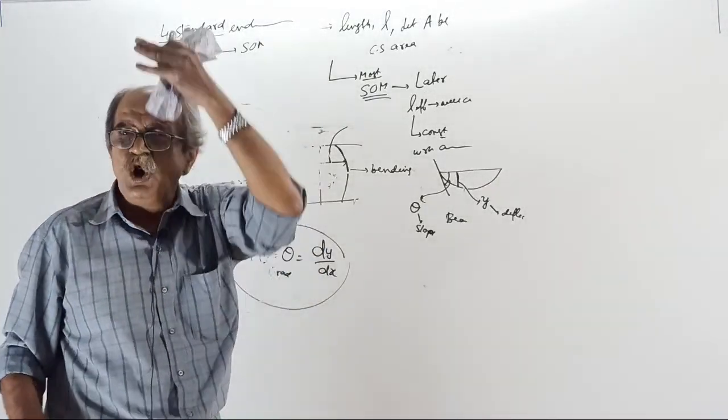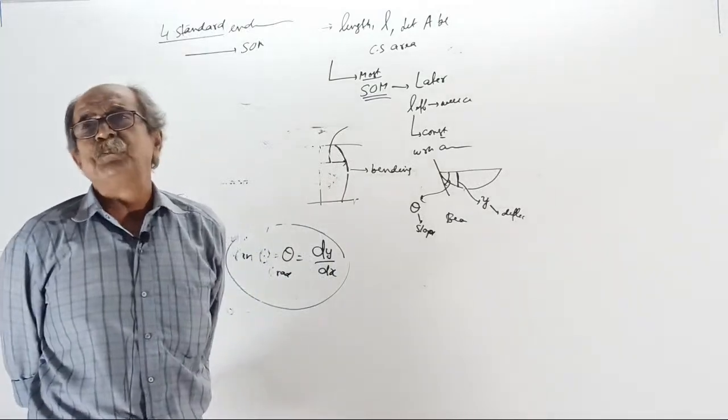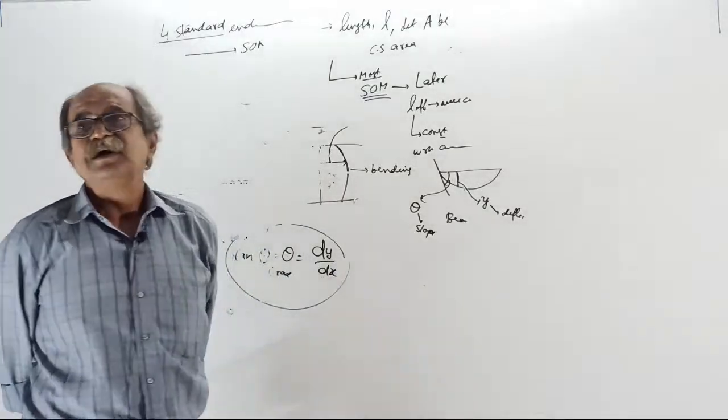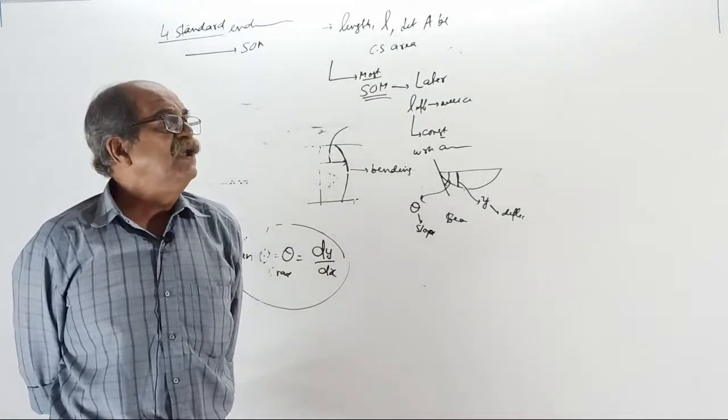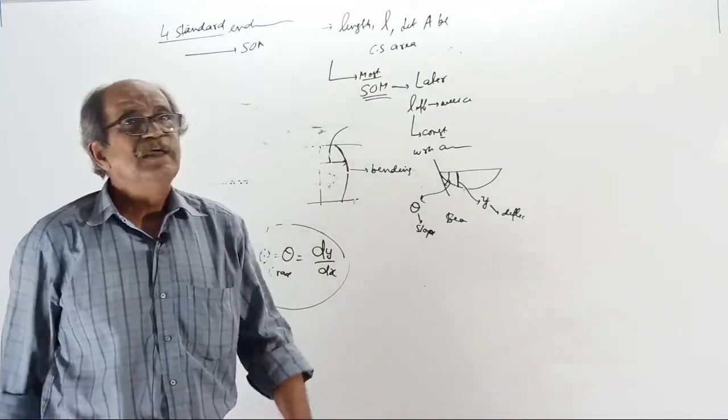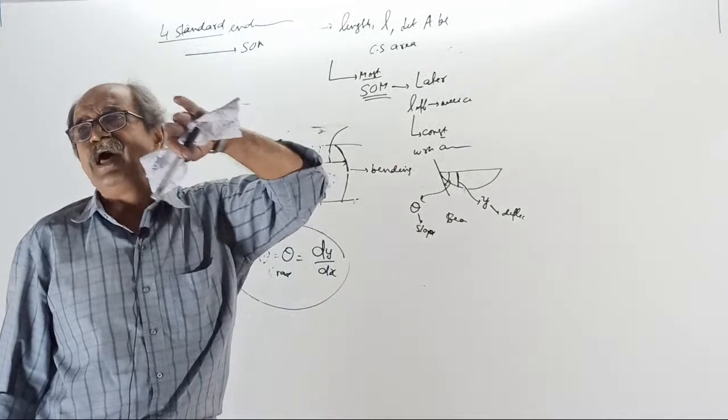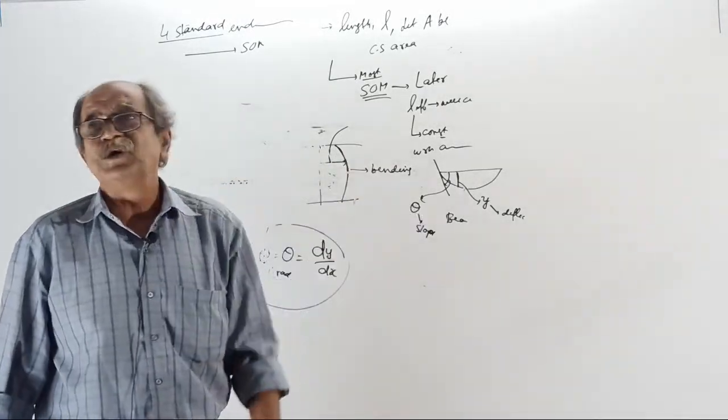Write it down. Practically, there are so many end conditions. There is no pure fixity. There is rigid joint which will undergo displacement. Sway effect is there. For all that, IS code has given how to consider effective length.